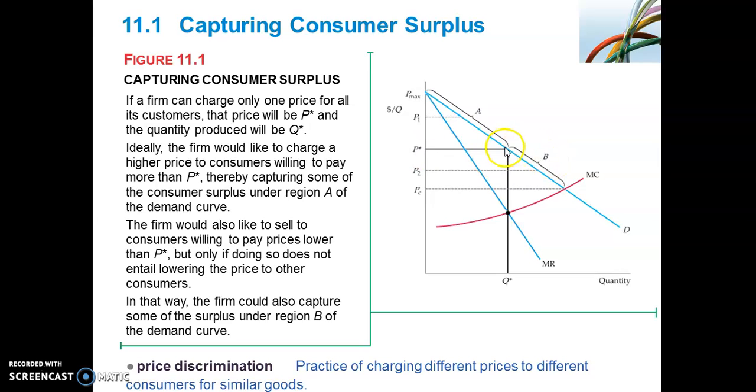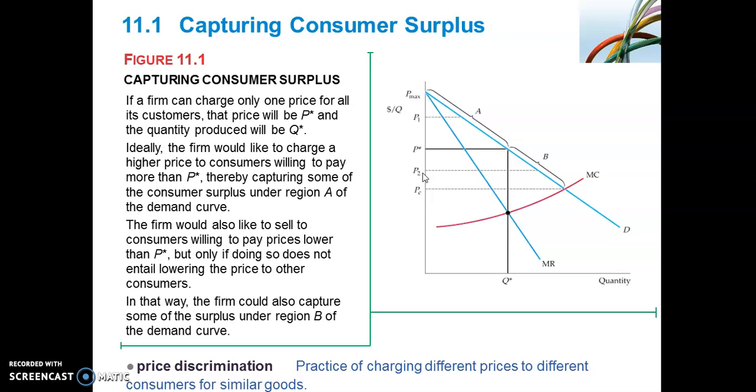That is given by the willingness to pay in this region. It is lower than this price P star. So if the price was lower, say P2, then some of them would of course buy. But of course, you can't lower the price for everyone to P2 because again, profits would fall.